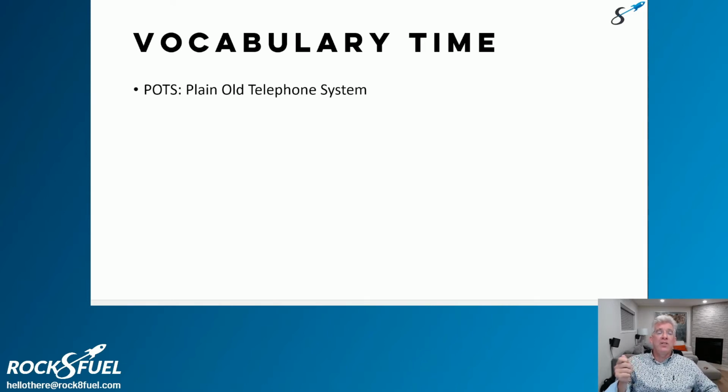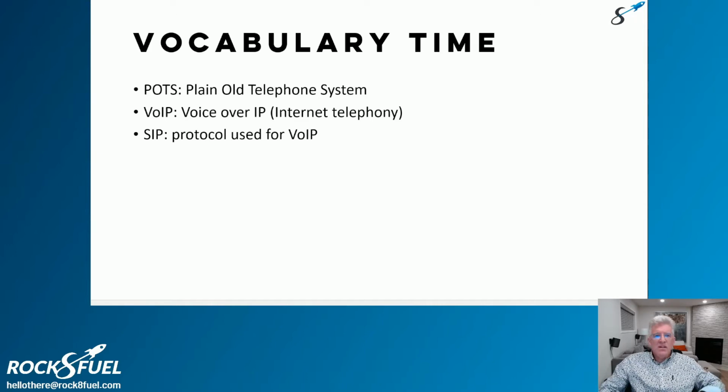Your home phone line would be a POTS, or an old analog phone system in the office. Voice over IP, internet telephony. SIP is the communications protocol to do voice, like FTP transfers files. HTTPS is for websites, SIP is for voice.